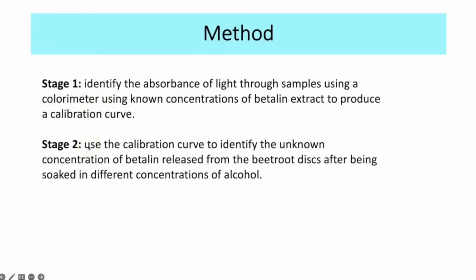Stage 2 is then using that calibration curve to identify the unknown concentrations of betulin released from the beetroot discs after being soaked in different concentrations of alcohol. And therefore, we can see the effect of alcohol on those plasma membranes based on how concentrated that dark beetroot betulin pigment colour is and how that is linked to the concentrations on the calibration curve.